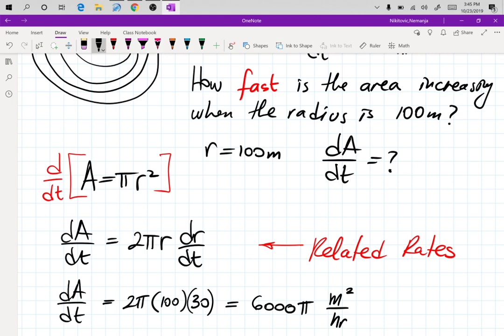Yes, great. Distance between two planes. And then what is dd dt?